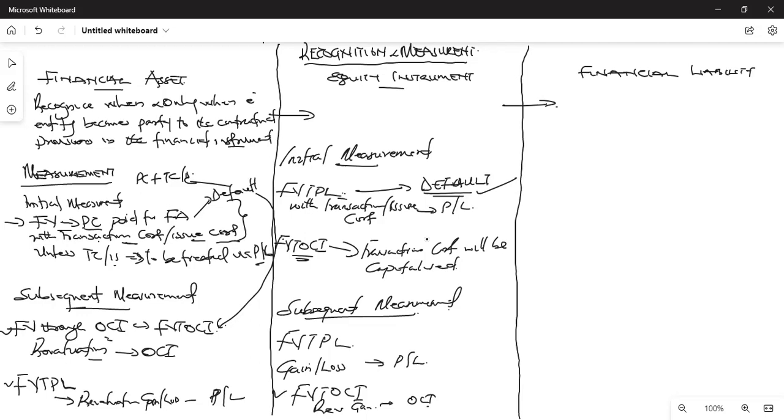All right. So what is the initial measurement? Your initial measurement of a financial liability is fair value.